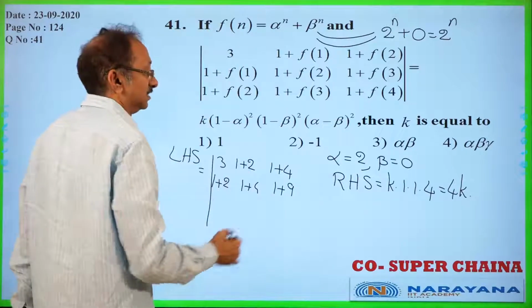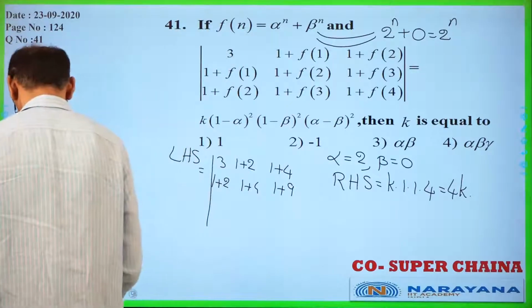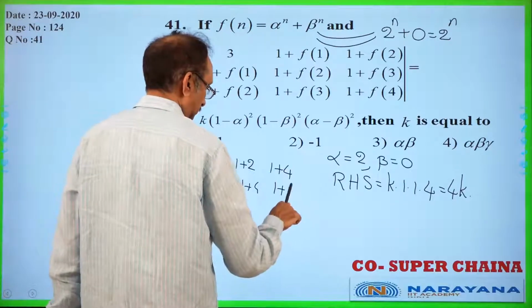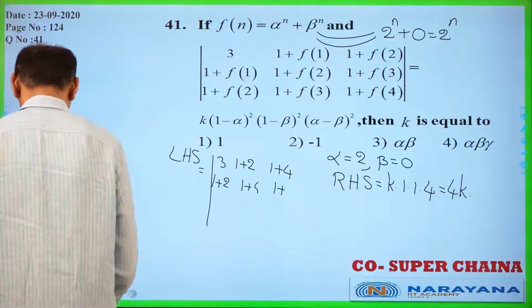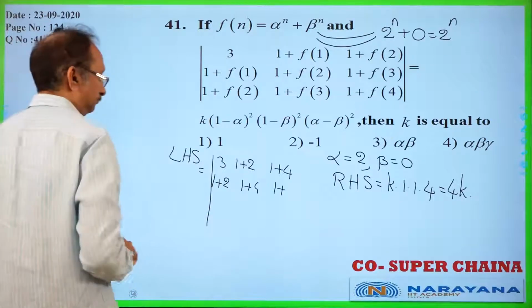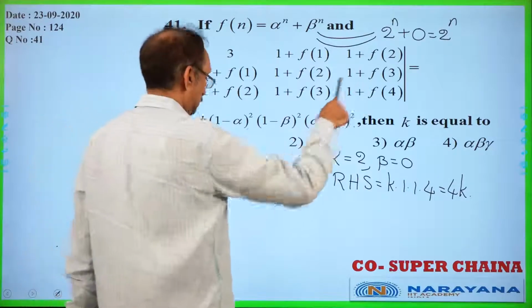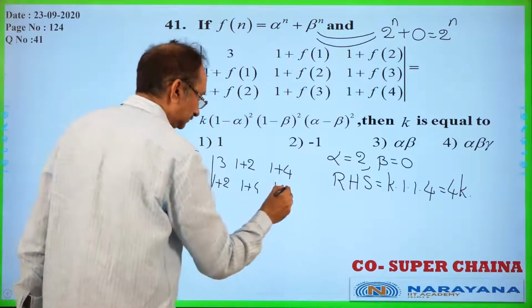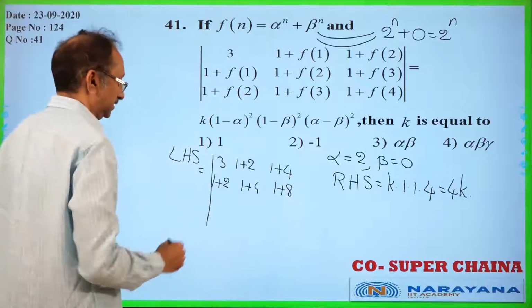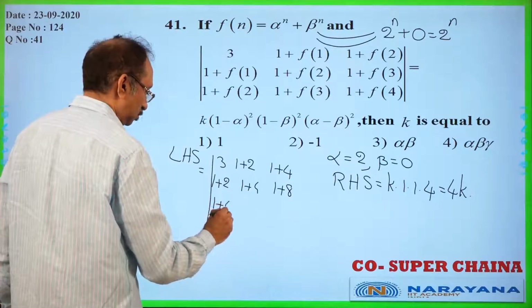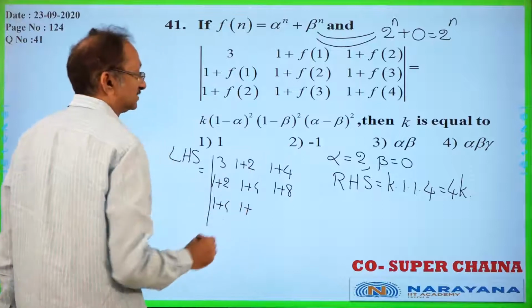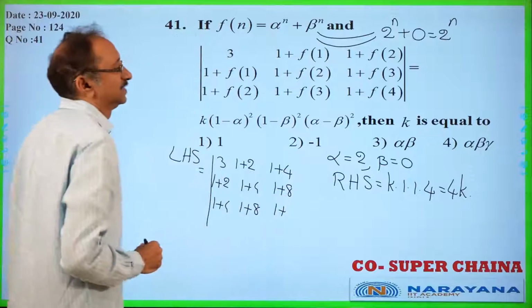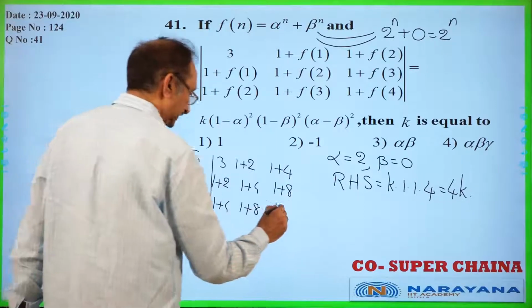See this one. What is the third element? This one, f of 3, 2 cube, that is 8. Next, 1 plus 4, 1 plus 8, and 1 plus f of 4, 2 power 4, 16.